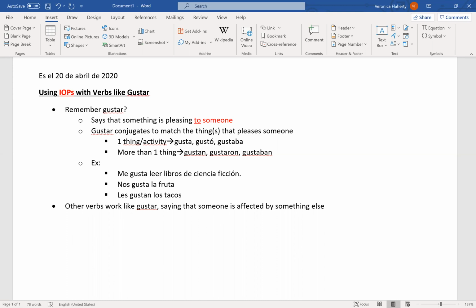There are a lot of verbs like gustar, but here are some of the most important ones.